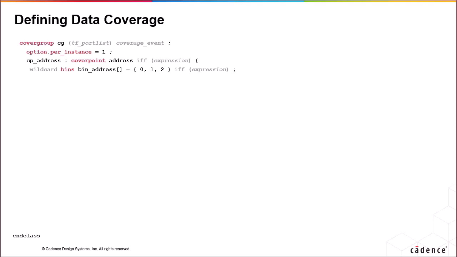We then use the bins keyword to indicate a normal bin, followed by a bin identifier. We vector the bin and do not limit the vector size. The simulator creates up to 64 bin elements to individually count unique values. You can change that number.